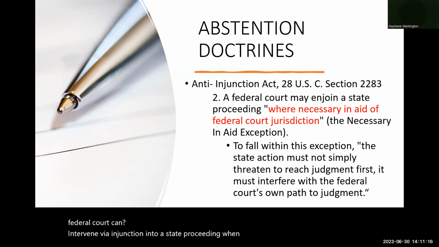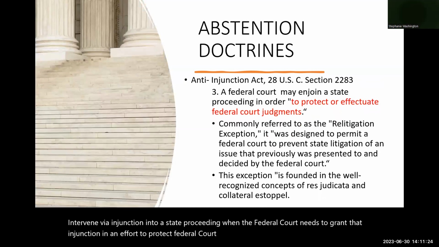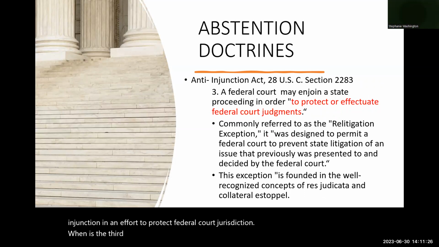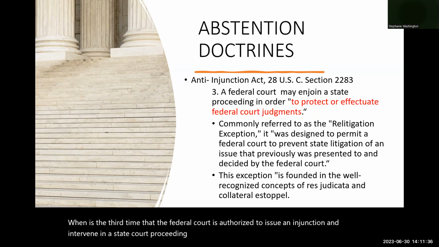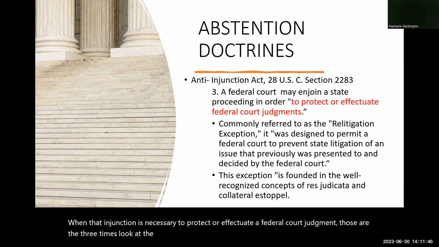When the federal court needs to grant that injunction in an effort to protect federal court jurisdiction. When is the third time that the federal court is authorized to issue an injunction and intervene in a state court proceeding? When that injunction is necessary to protect or effectuate a federal court judgment. Those are the 3 times. Look at the slides, make sure you understand them, because you may see that question. What are the 3 times?